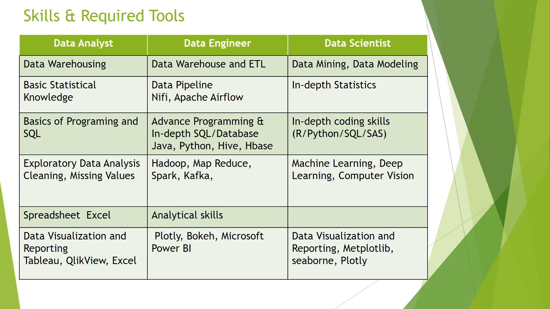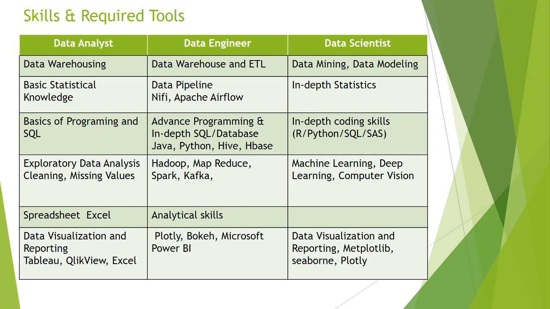For that, data mining needs to be done. To conceptualize the problem, we need to define data modeling, and for analysis, statistics is required for the nature of the data.